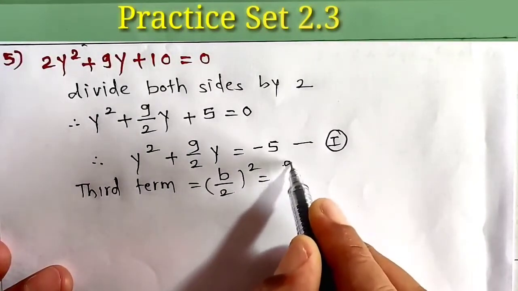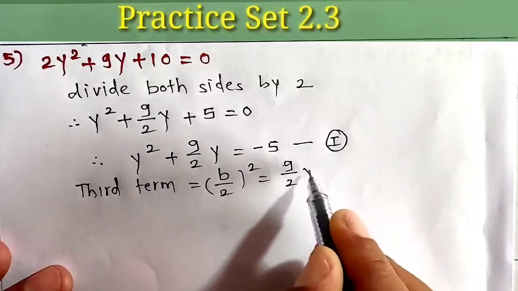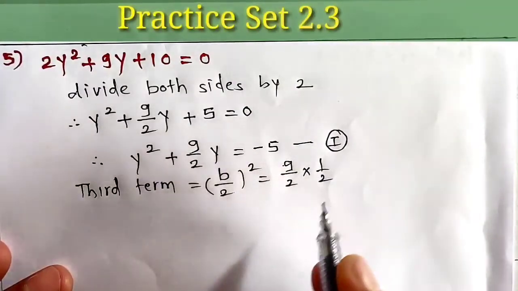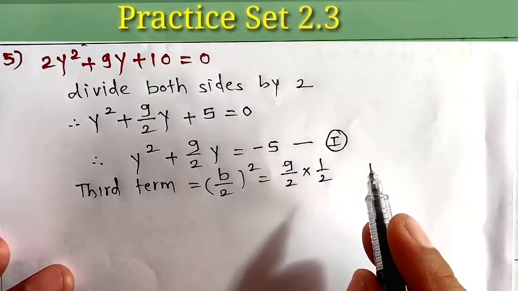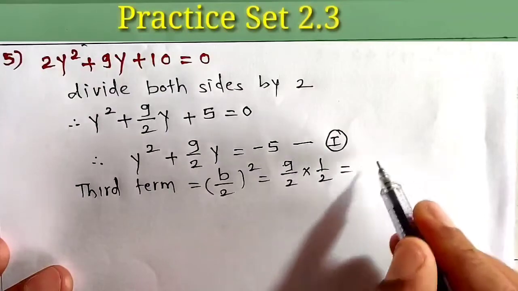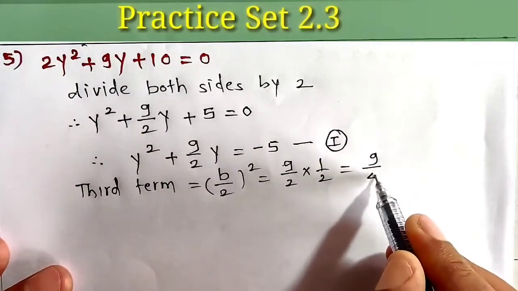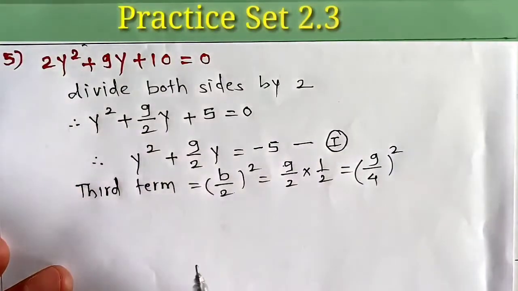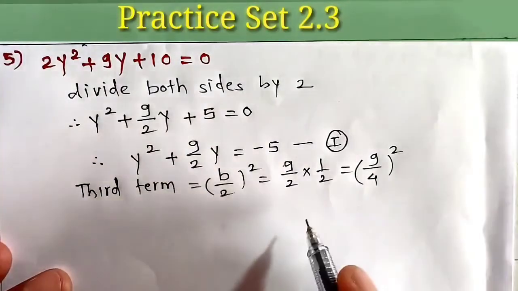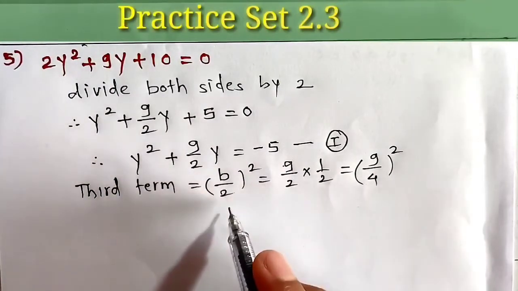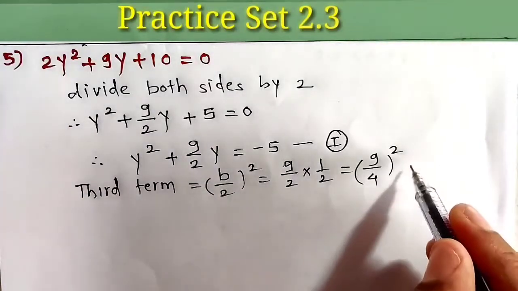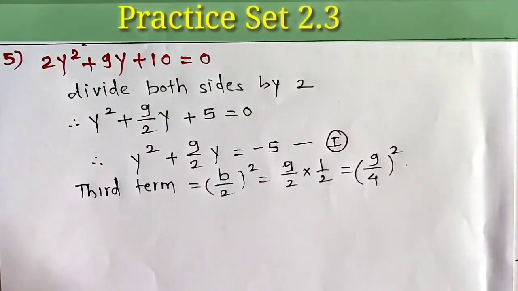So what is B? 9 by 2 divided by 2. To divide means multiply by the reciprocal, so 1 upon 2. So we get 9 by 4, bracket square. This is our third term.